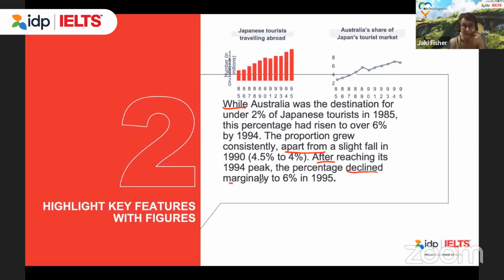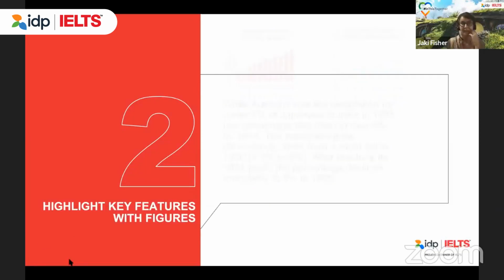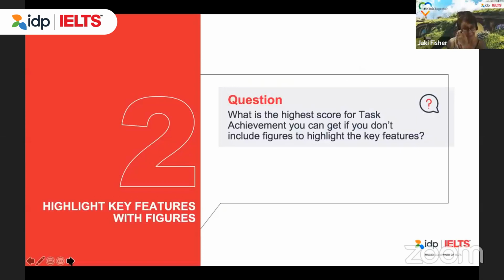Declined marginally. Oh, that's very nice. Had risen, grew consistently. This kind of vocabulary is also very good in your writing, in your task 1 academic. All right. So if you don't have enough numbers, you just say, oh, it rose steadily, it fell suddenly, no numbers, then you get 5. It's a problem.